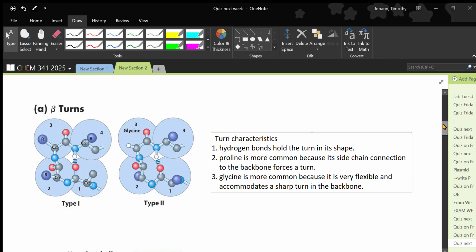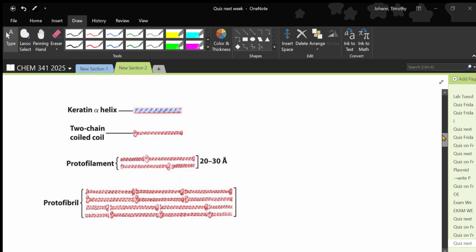All right, then let's talk about one other structure. Disulfide bonds are what I want to talk about. It's something important. I'm going to call it a structure, but it's really just two cysteine residues that interact with one another.